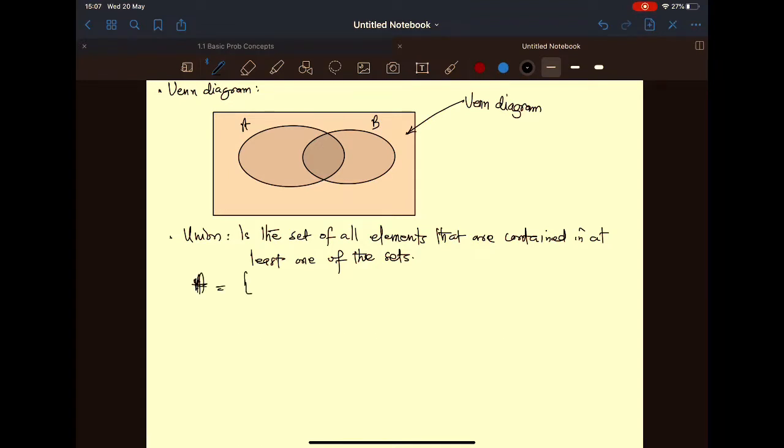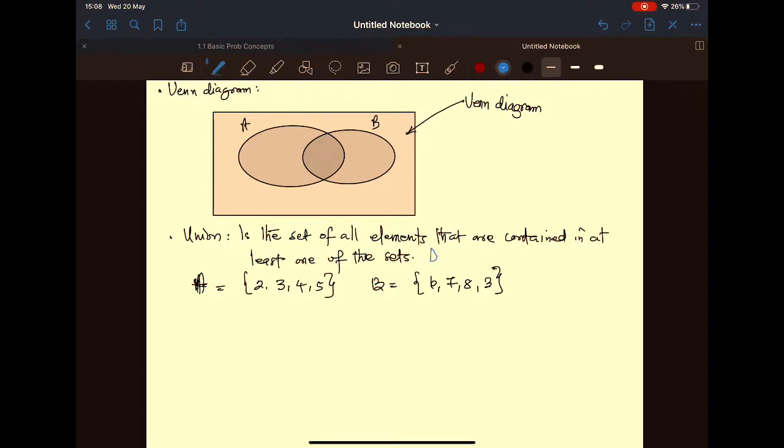A: we have 2, 3, 4, and 5. We consider set B: we have 6, 7, 8, and 3, right? Now, the union of these two is the set where we have all the elements, and they should appear at least in one of these two sets.